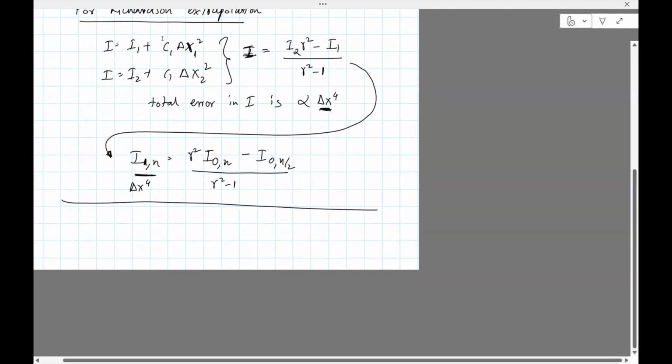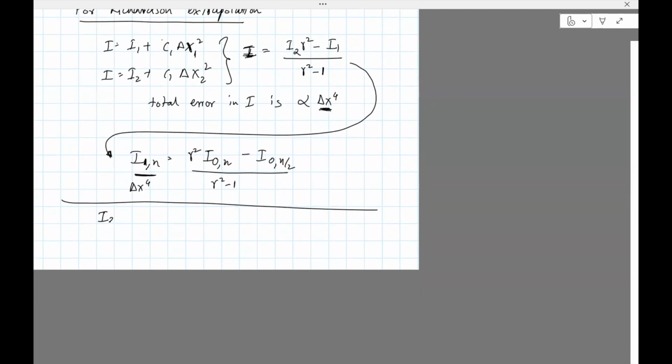Now, what we can do is use it again. We could say that I2,n is r square I1,n minus I1,n divided by 2, over r square minus 1. So note, I've used the same formula, except that I've changed the iteration number from 1 to 2. This one was accurate to delta x raised to 4. It turns out that this will be accurate to delta x raised to 6.